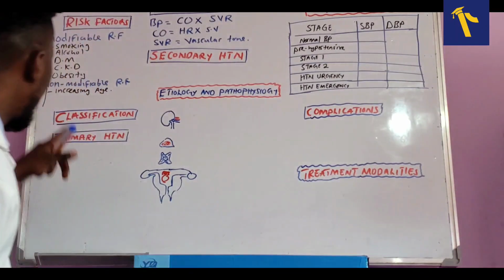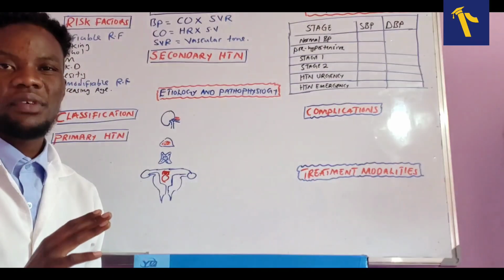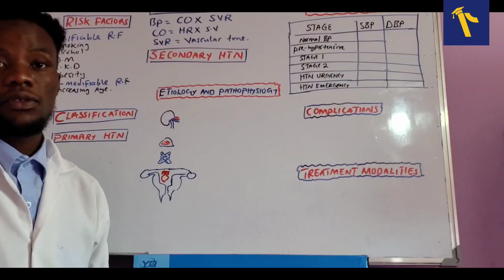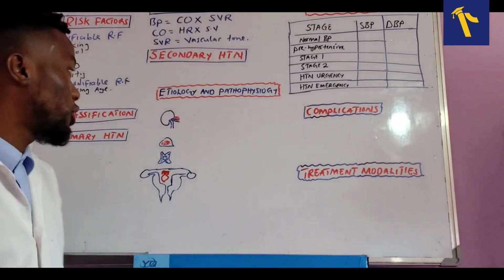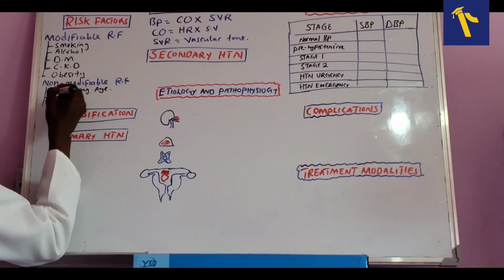It has been shown that people starting from 25 years and going up are at increased risk of developing hypertension. What else? Sex, which is male sex.